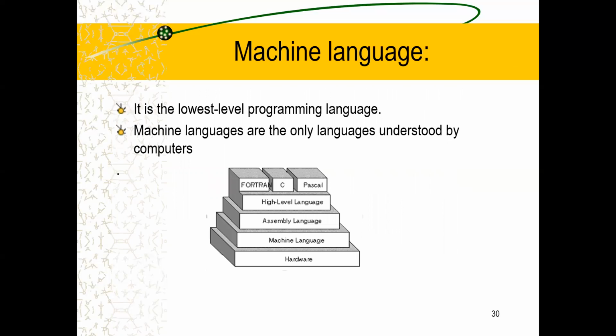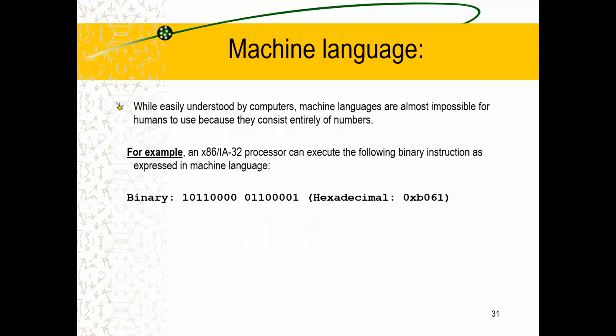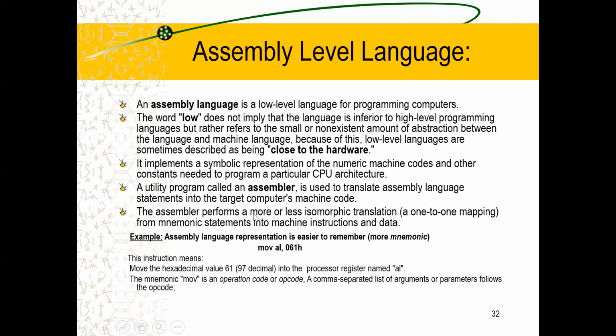Machine language can directly interact with the hardware, is understood by the computers, and is written in the form of zeros and ones. When we talk about assembly language, it is a low-level language for programming computers. It is written in the form of mnemonics.